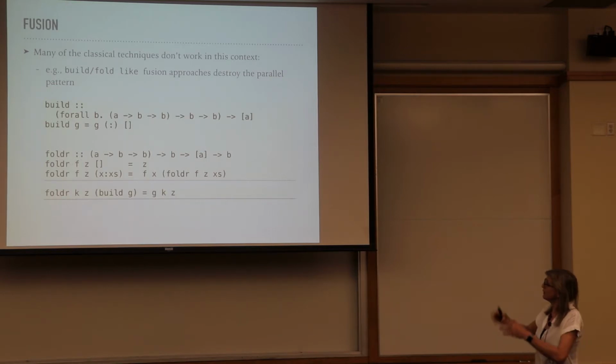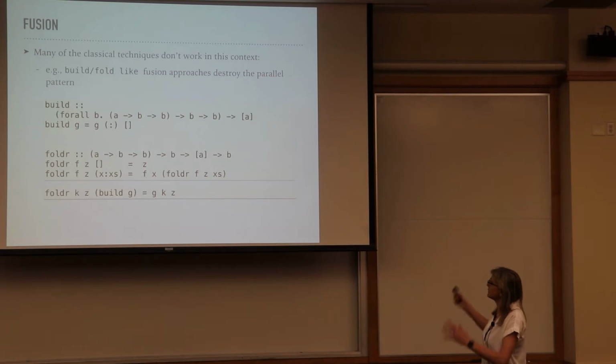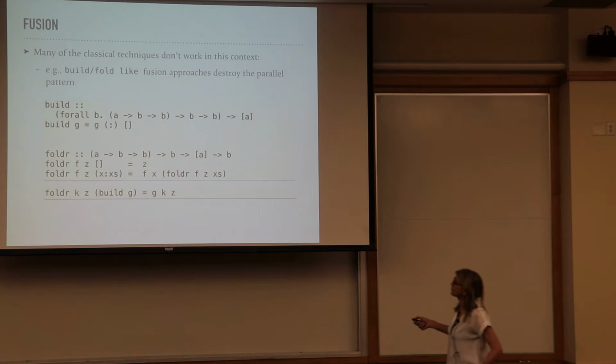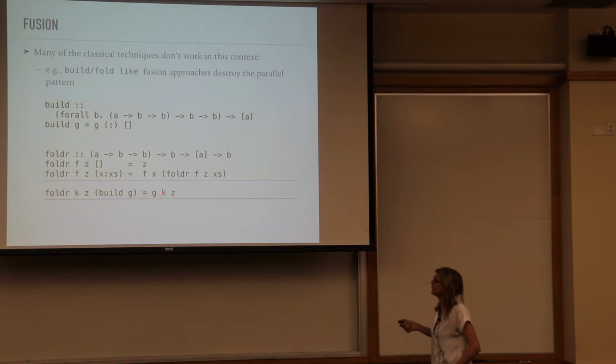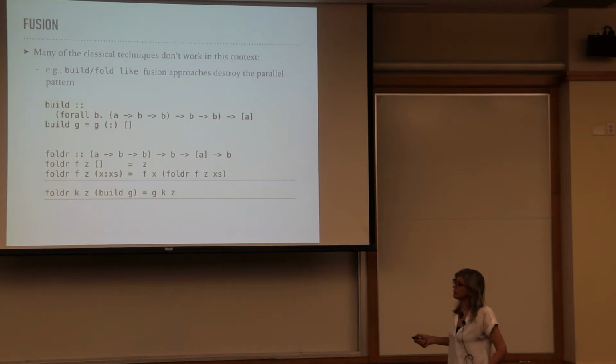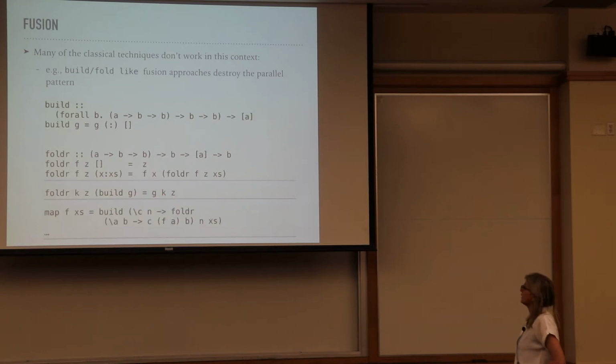Build is a higher order function that builds a data structure, and foldr is our linear foldr, which reduces it. Then we have this rule that if you have a build followed by a fold, you can get rid of that, and it's just the application of the build function to the fold function and the neutral element. Then you can express map, for example, in terms of foldr and build, and so on.